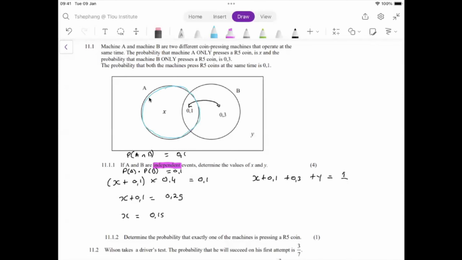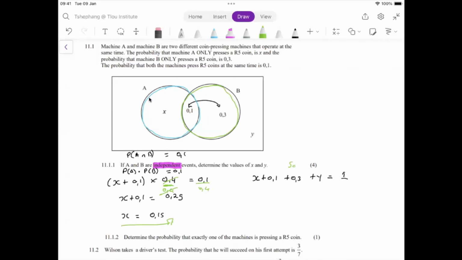That is A. That's why it's X plus 0.1. And then B is this whole circle here. That is 0.4. And then I replaced. So divide both sides by 0.4. These two cancel each other out. The brackets fall away. You have X plus 0.1 is equal to 0.25. You take the 0.1 over to the other side, and then X is 0.15.